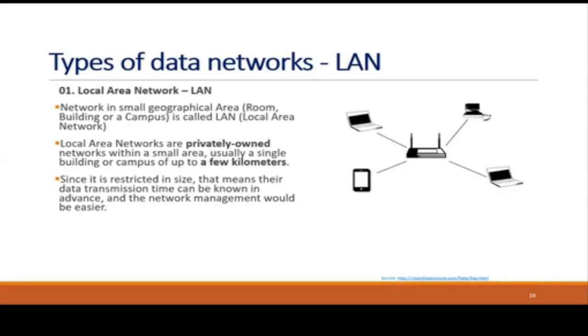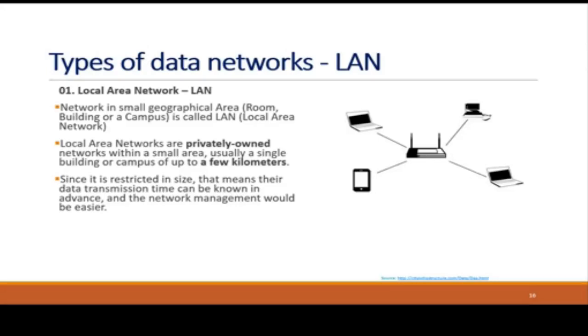So these LANs can be situated up to even a few kilometers, right? If we consider the University of Peradeniya, it's within a few kilometers, but everything is connected. The University of Peradeniya is kind of a huge area, that's why I took it as an example.